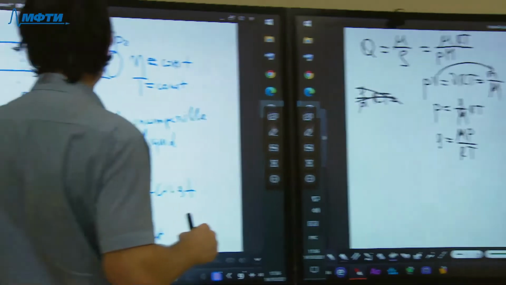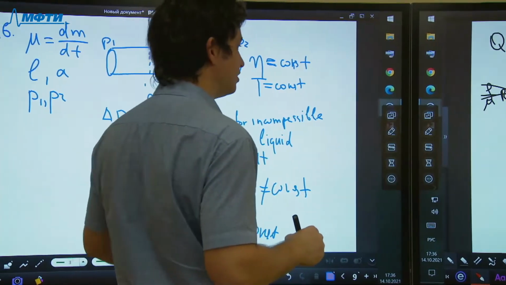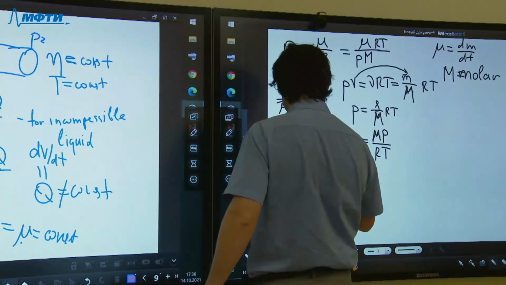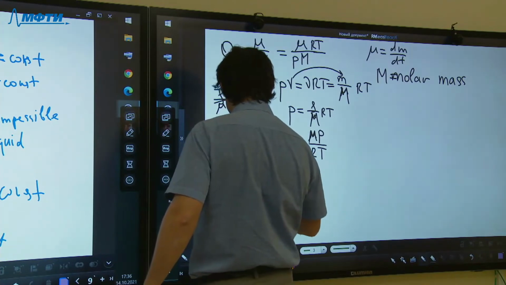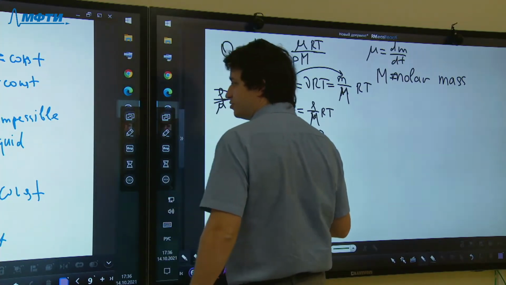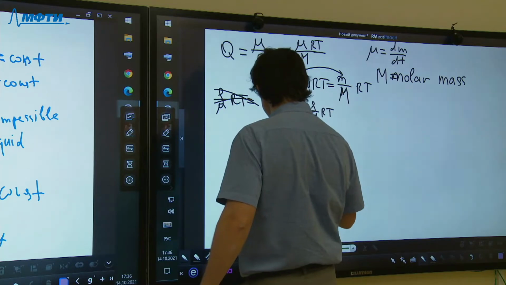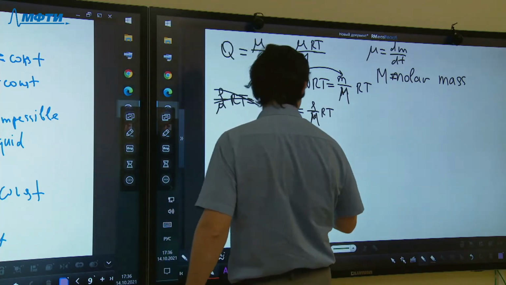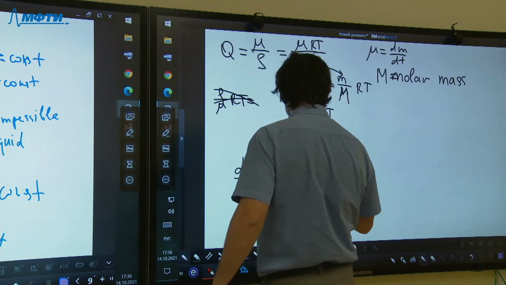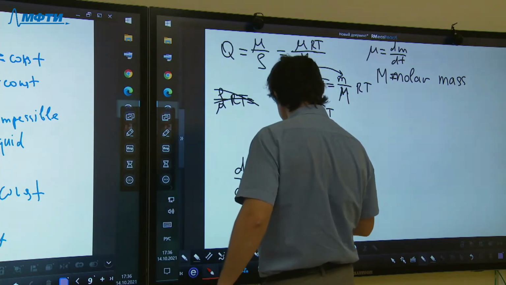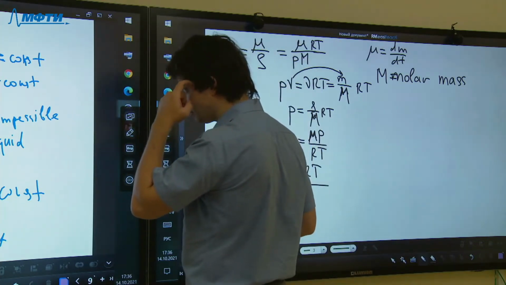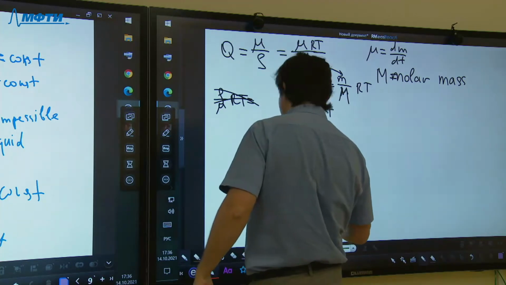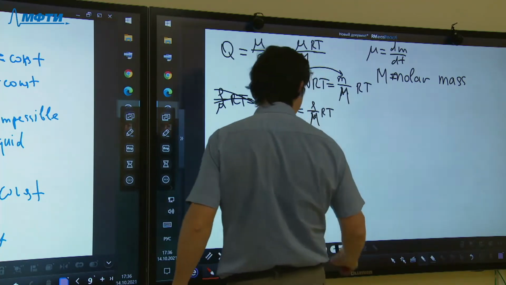Okay, now we plug everything into this equation, and it gives us that dP over dL equals 8 eta times Q, which is mu RT over PM, over pi r to the 4.